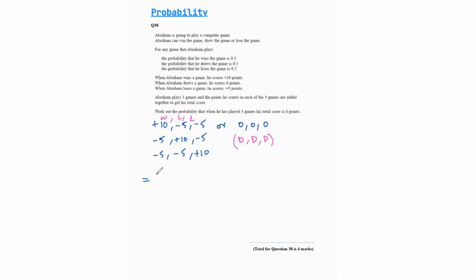So for draw, the probability is 0.5. So that's 0.5 times 0.5 times 0.5. Or win, lose, lose.